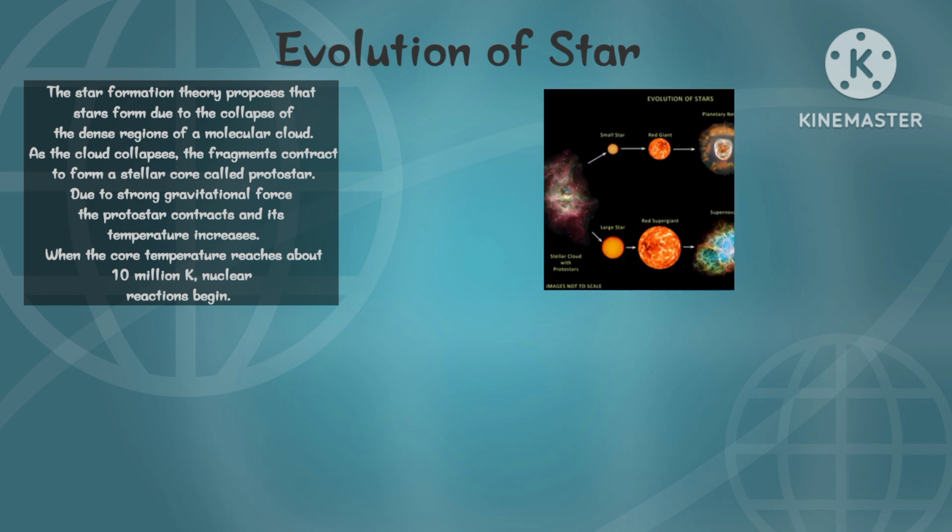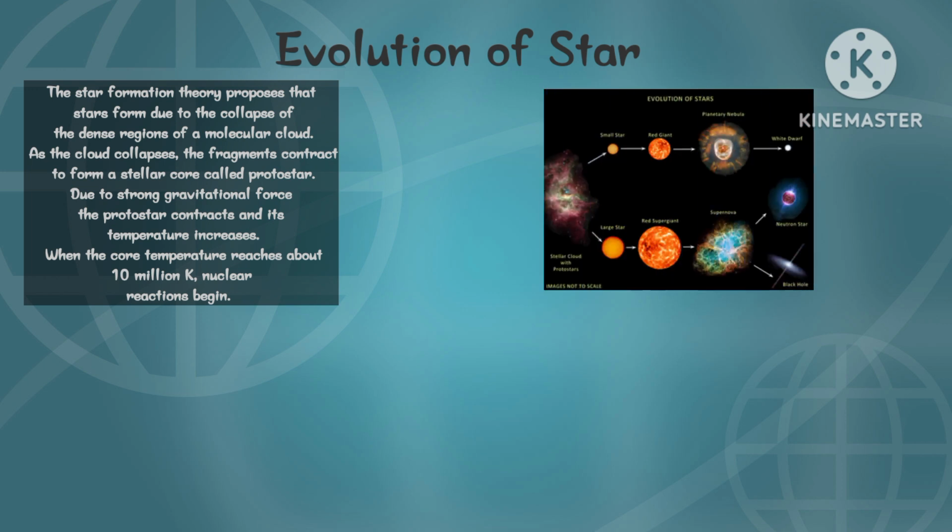The star formation theory proposed that a star formed due to the collapse of the dense region of a molecular cloud. As the cloud collapsed, the fragments contract to form a stellar core called a protostar. Due to strong gravitational force, the protostar contracts and its temperature increases.